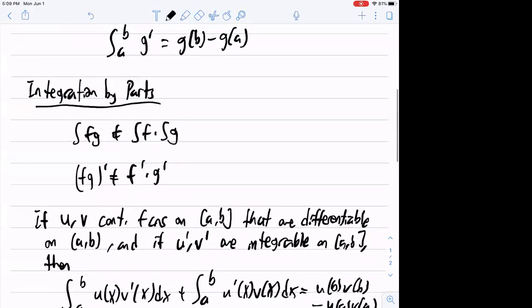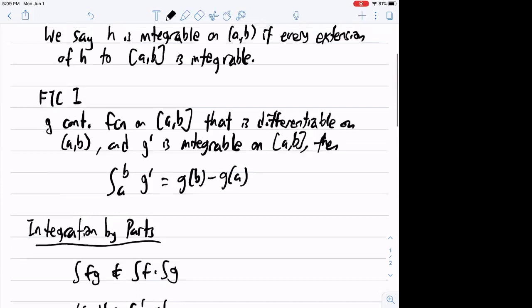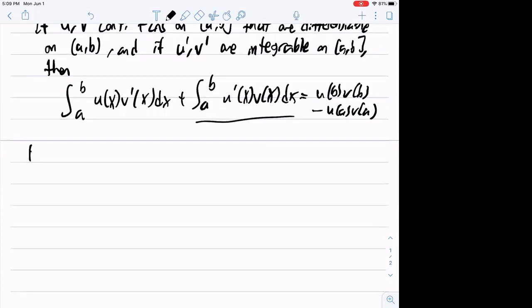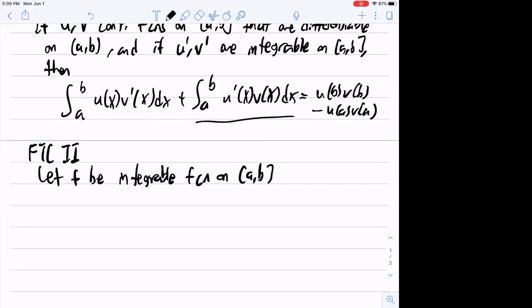Right now, FTC1 was the antiderivative of the derivative. So you could guess what FTC2 is: the derivative of the antiderivative. FTC2 is the opposite. Let f be an integrable function on [a,b].